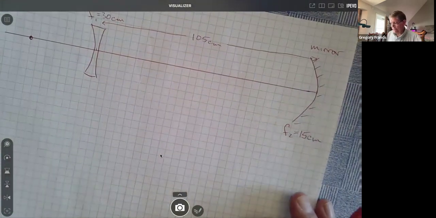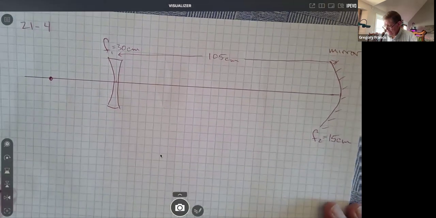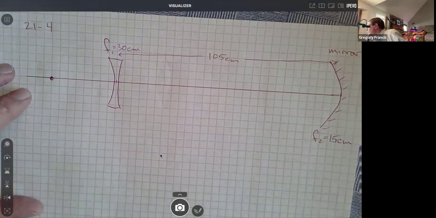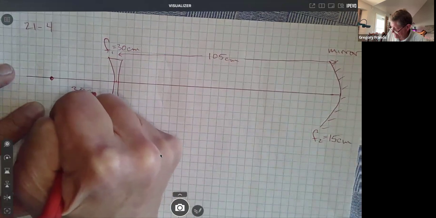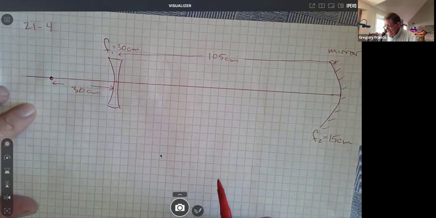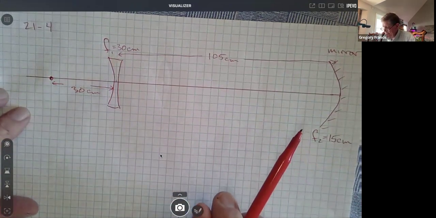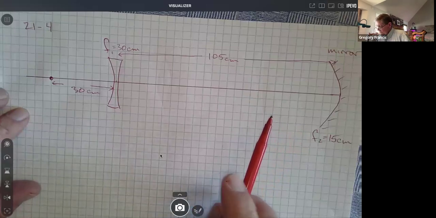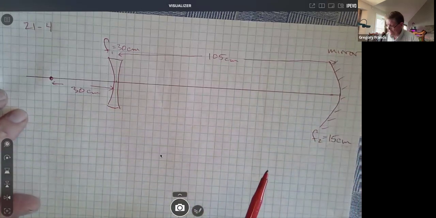Now, this one is similar to a problem that we worked in class in lecture. We're told that this is 30 centimeters, and the focal length of this negative lens is 30 centimeters. And the focal length of this mirror, which is a converging mirror, is 15 centimeters.